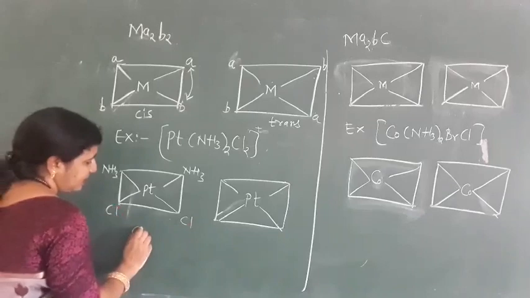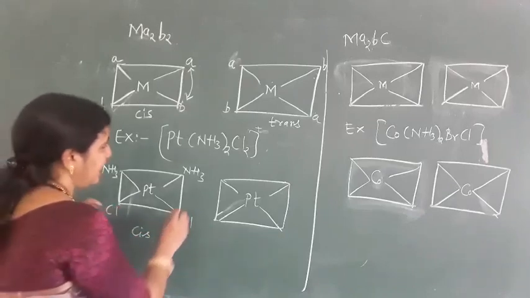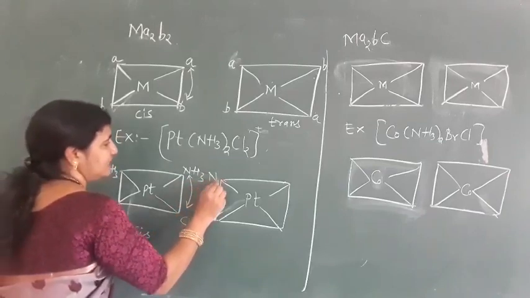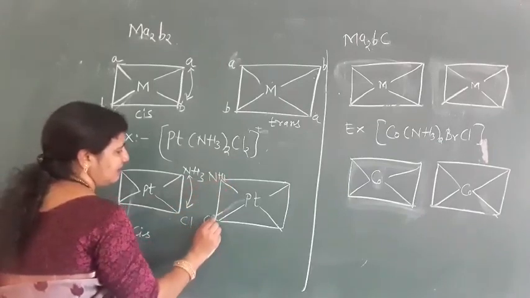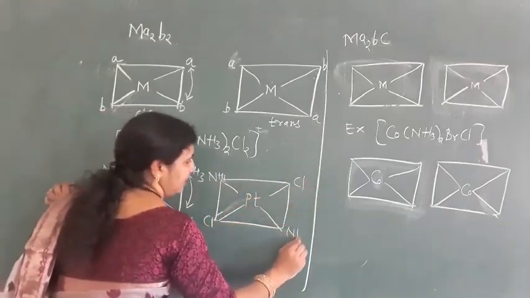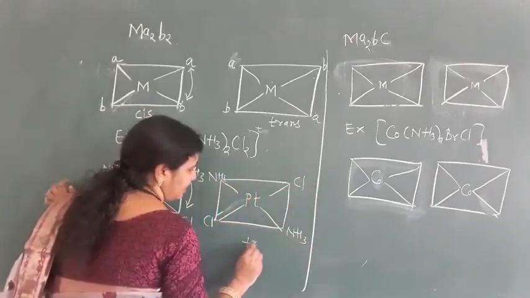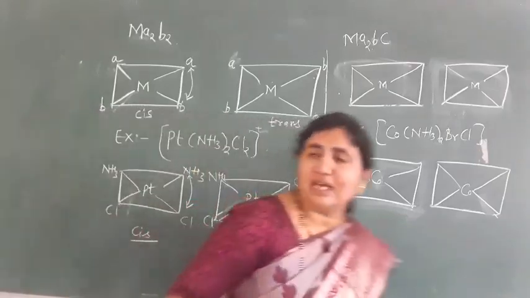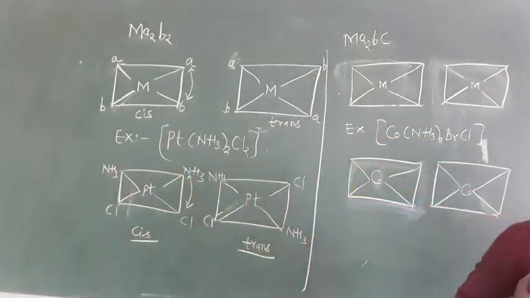So this will be the cis isomer, and just shift these 2 here. So what we will get here: this NH3 and this Cl will be in the same position, and here will come Cl and here NH3. So what is this one? Trans. And this is cis. So these are the two geometrical isomers we can get here.